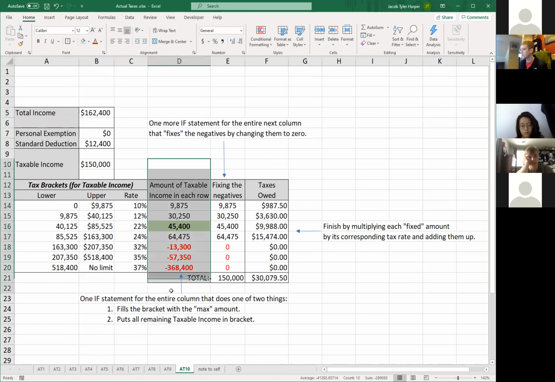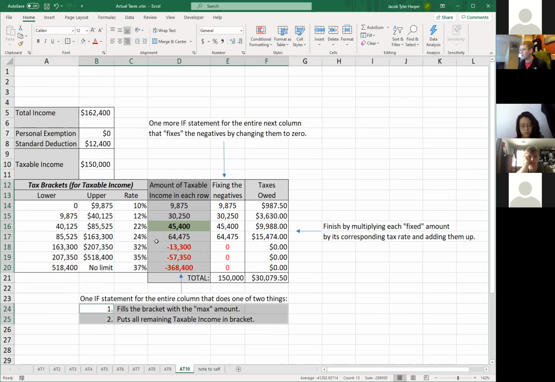First, start with this statement, just like we were talking about earlier, where we have one if statement that either fills it with the maximum amount possible, or puts all of our remaining taxable income there if it's only partially full.